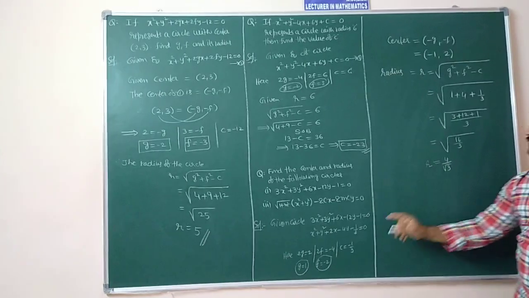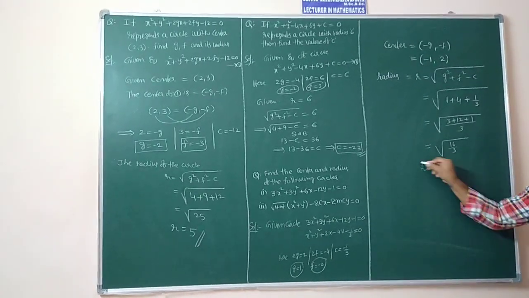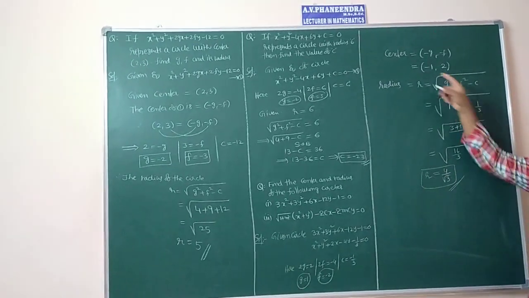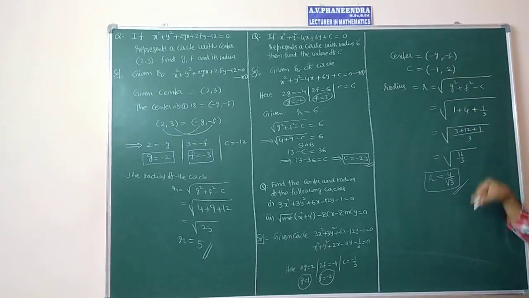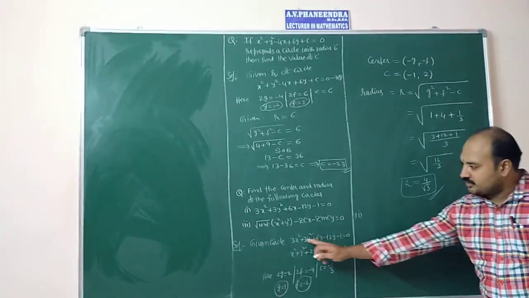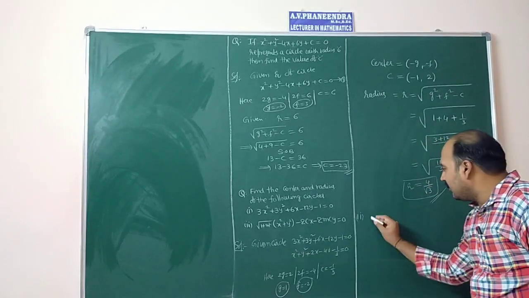Therefore, the radius of this first circle is 4/√3 and the center is (−1, 2). Next question.